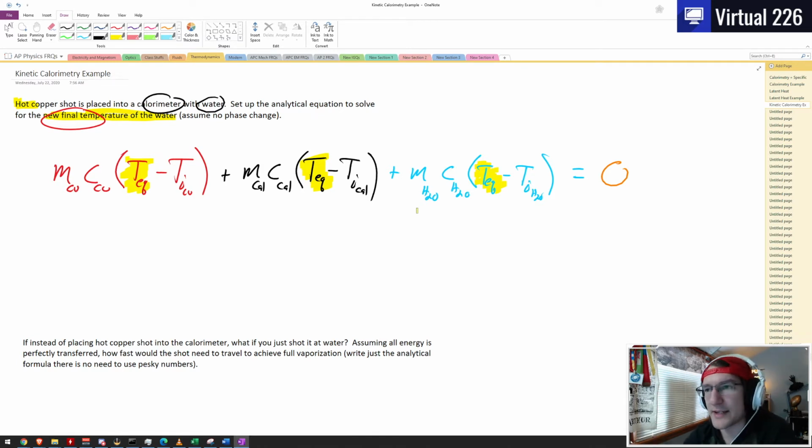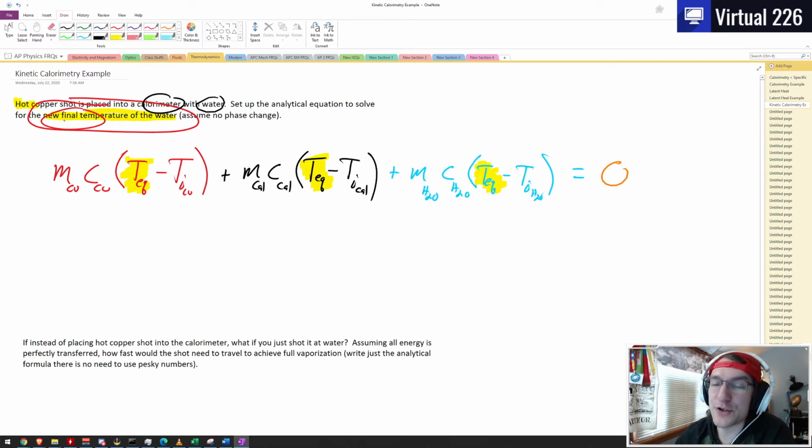If you're like, wait a second, what if the water is going to vaporize? Well, if the water is going to vaporize and you're still looking for the final temperature of the water, as soon as that water vaporizes, you know the final temperature has to be 100 degrees C, because the water can't vaporize until it hits that. If you wanted to do that, though, you could, but it's kind of a rote problem at that point.